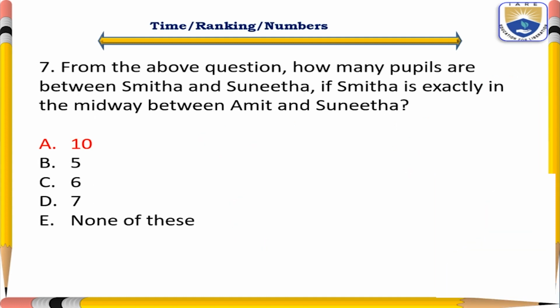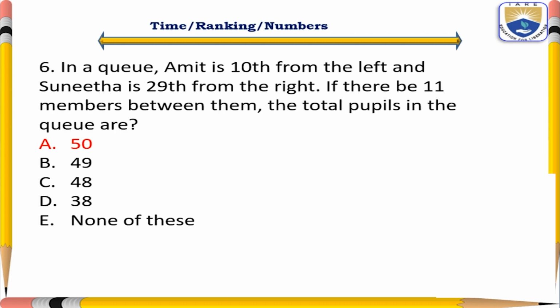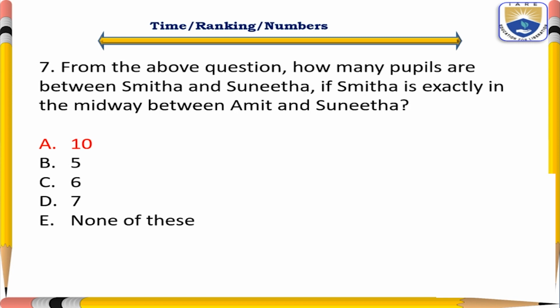Now, if we come to this 7th question: from the above question, how many people are between Smita and Sunita if Smita is exactly in the midway between Amit and Sunita? In the above 6th question, we have seen Amit is 10th from the left, whereas Sunita is 29th from the right.